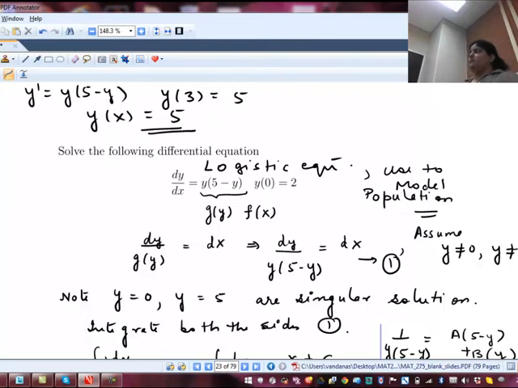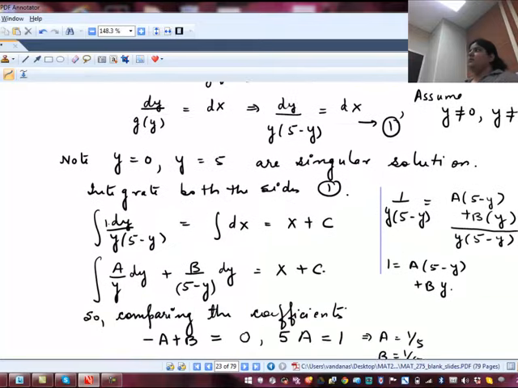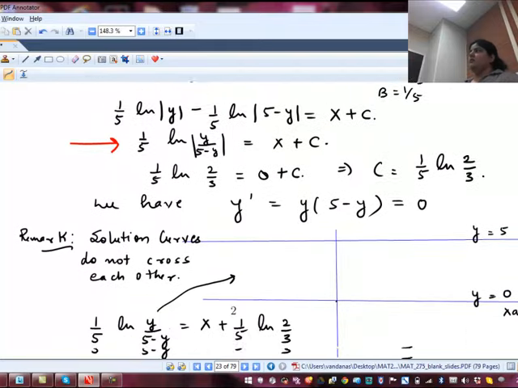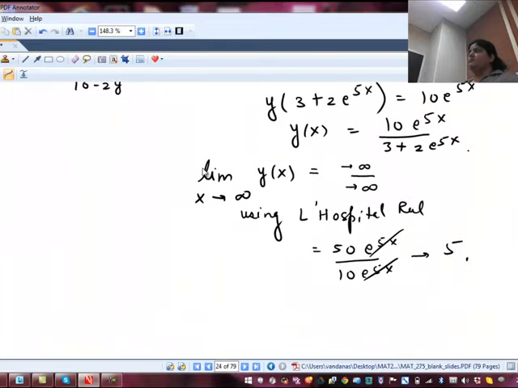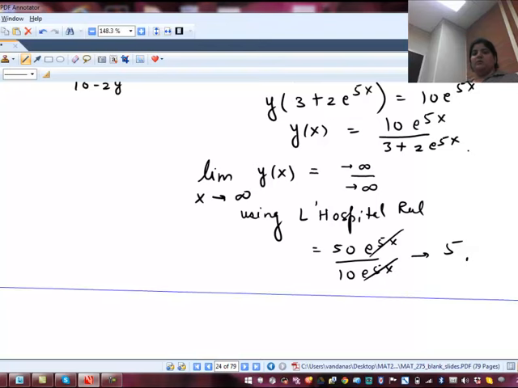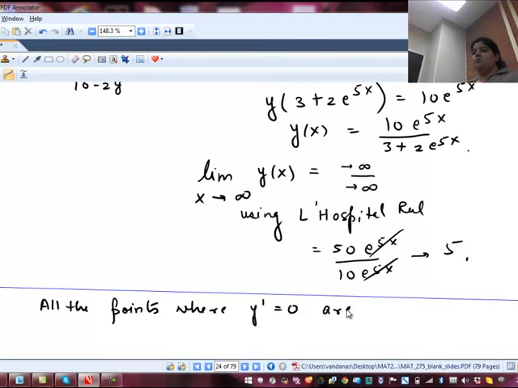So all the points where y prime is equal to 0 are called equilibrium points.